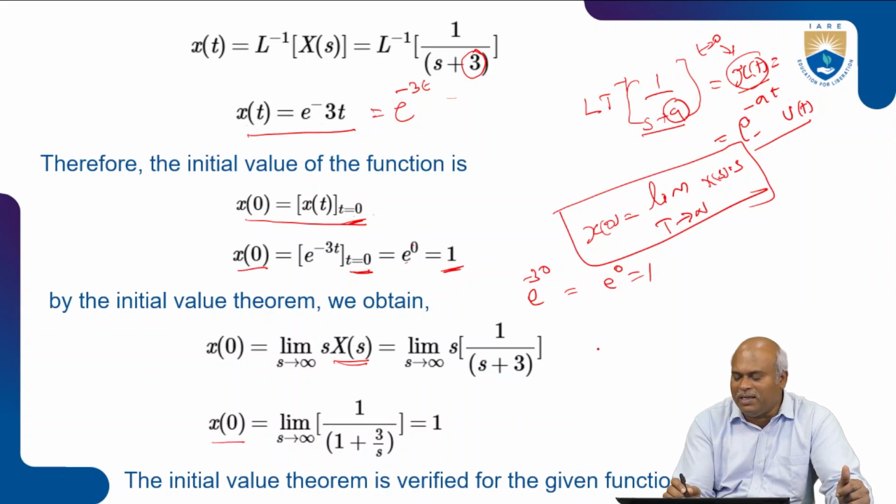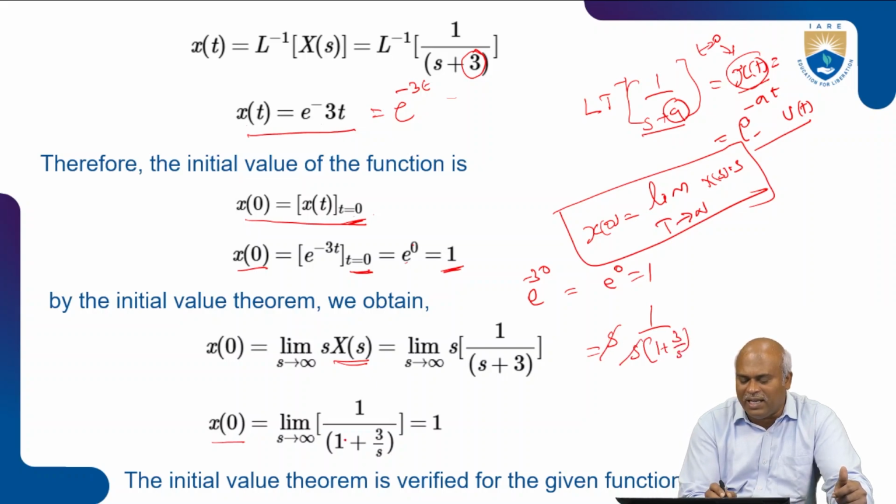Now I take s out from 1 by s plus 3, so I write s into 1 by s into 1 plus 3 by s. The s cancels, so the limit as s tends to infinity of 1 by 1 plus 3 by s is equal to 1.